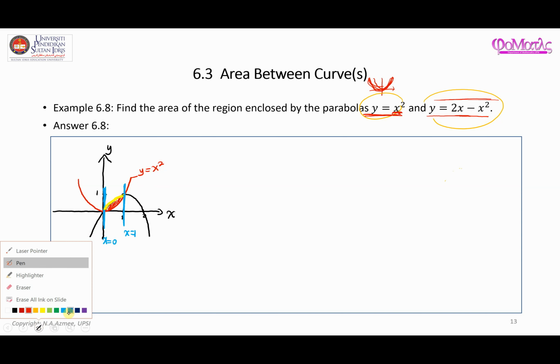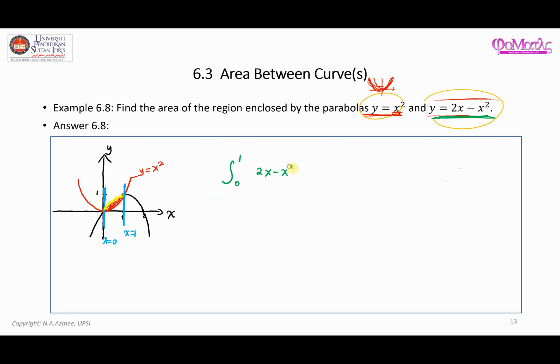Next we are going to continue with the integration process from 0 to 1. f(x) is this one, 2x minus x squared, minus g(x), which is x squared.